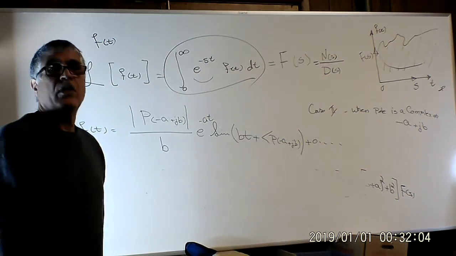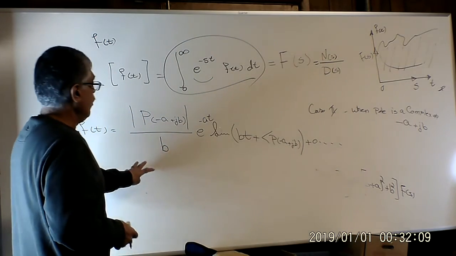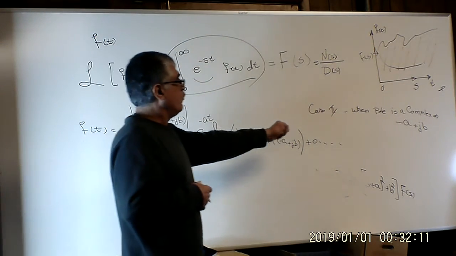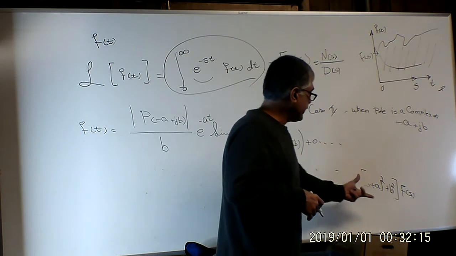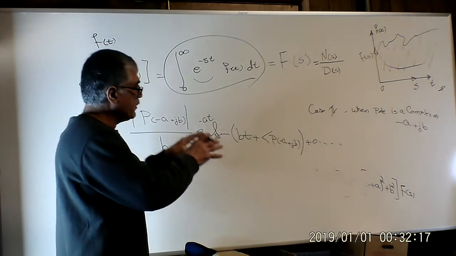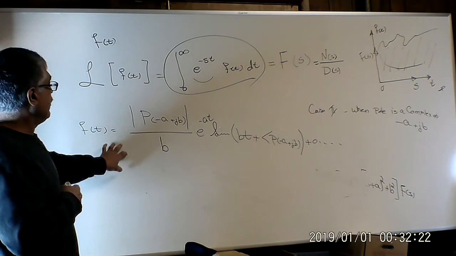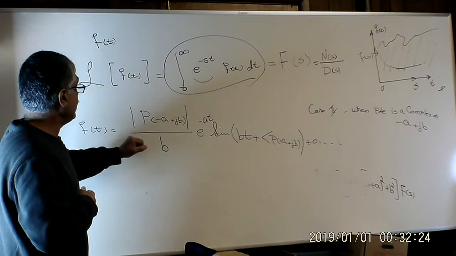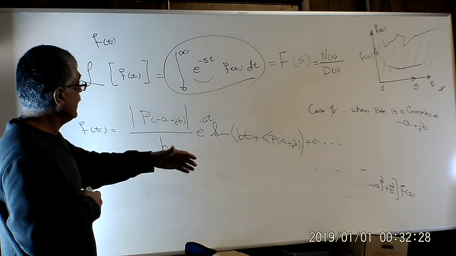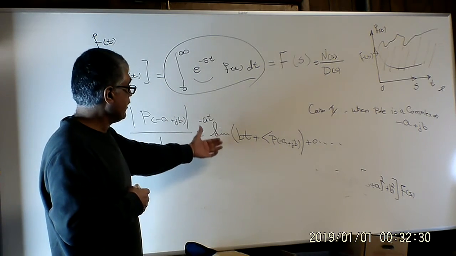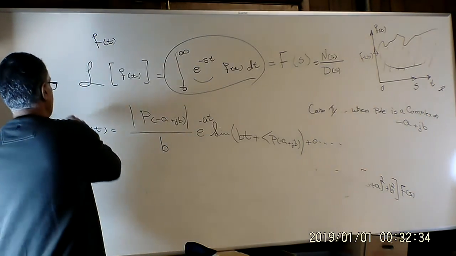Again, if we have more poles, there are more terms. So when our pole is a complex number, we find the value of P(s) in this relationship, and our original function is given by this expression.